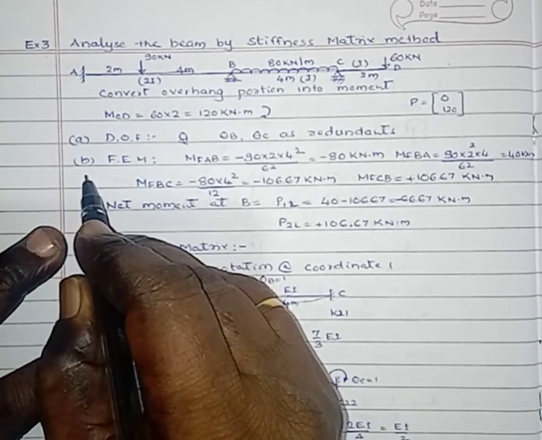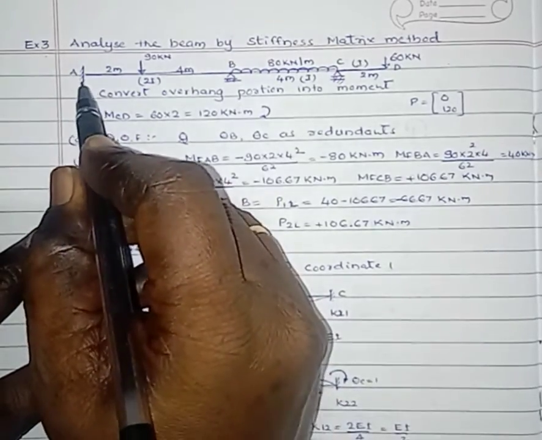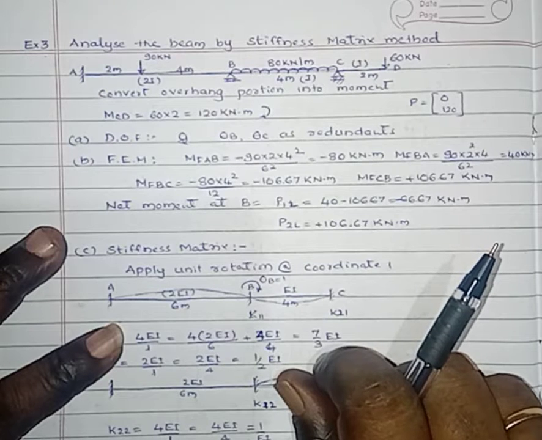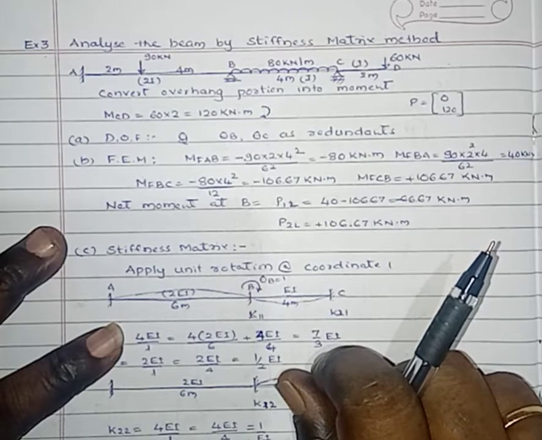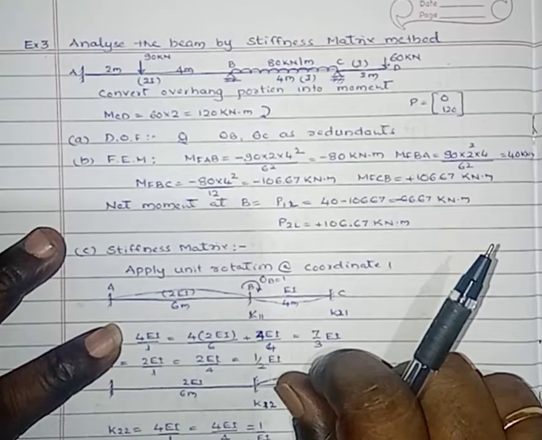The fixed end moments. Here this span is subjected to 90 kilonewton. MF AB equals minus W A B squared by L squared, where A equals 2 meters and B equals 4 meters.